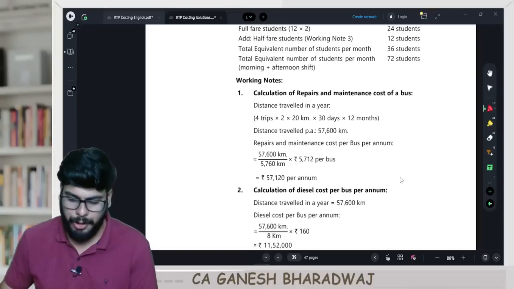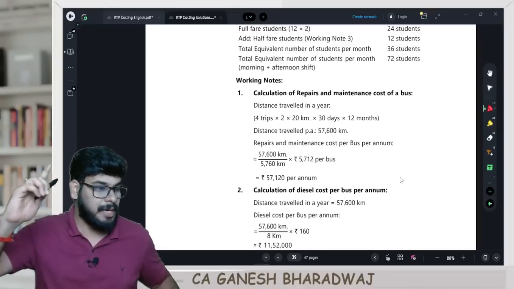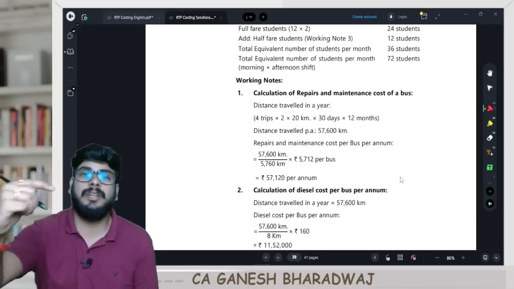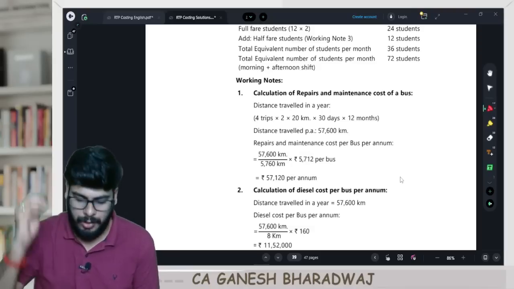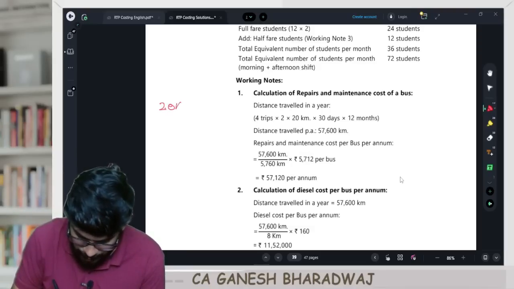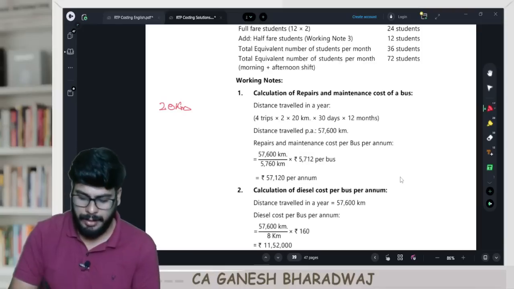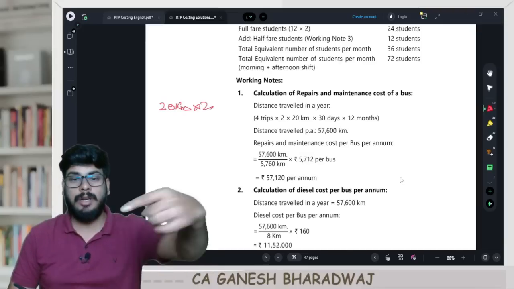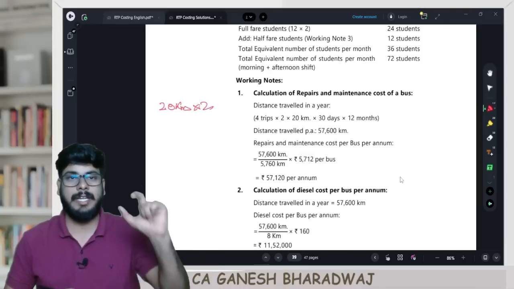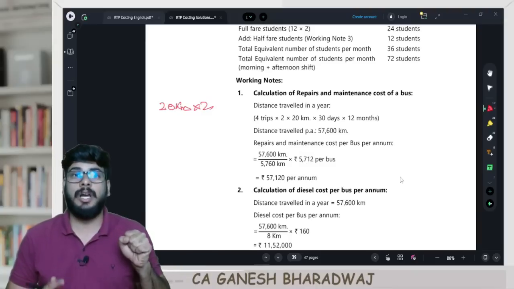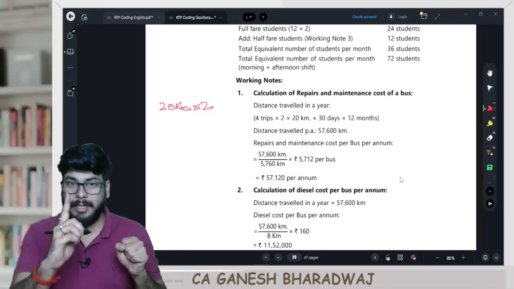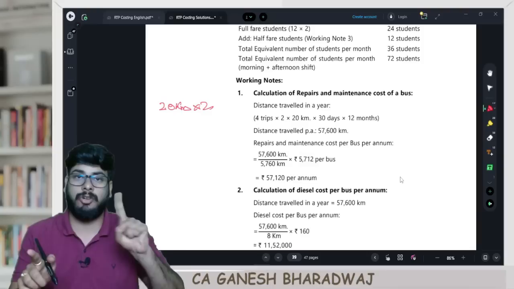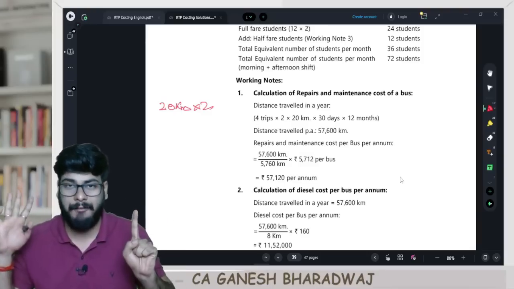So how will you compute the total distance? Now they have given that each bus is traveling a distance of 20 kilometers one way, right? So 20 kilometers is a one-way distance, into 2 for one round trip. Now every bus operates in both shifts, the morning shift as well as the afternoon shift, correct?